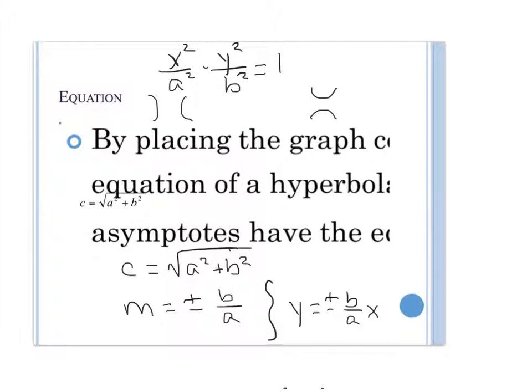However, if we shift the hyperbola up, down, left, or right, that linear equation is going to move as well. And so then all we would have would be the slope that we'd be able to get from the original equation of our hyperbola.